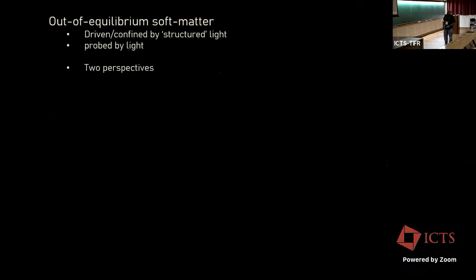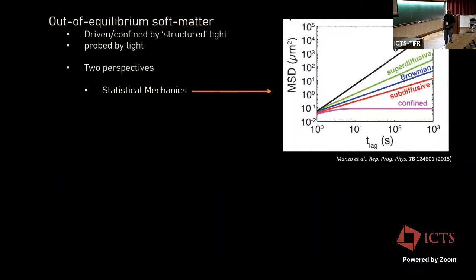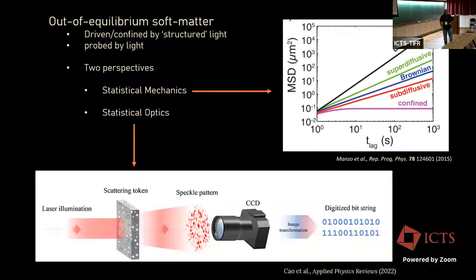Let me finally give you two perspectives. One is that we can look at this problem from a statistical mechanics viewpoint, where you look at this dynamics. What I have not talked about, but is very fascinating, is to invert the problem. You take some particular scattering system. The scattering system can be a soft matter system. You can now have laser illumination and generate speckles.